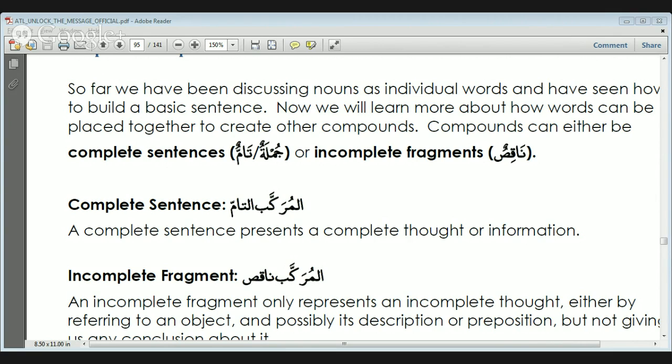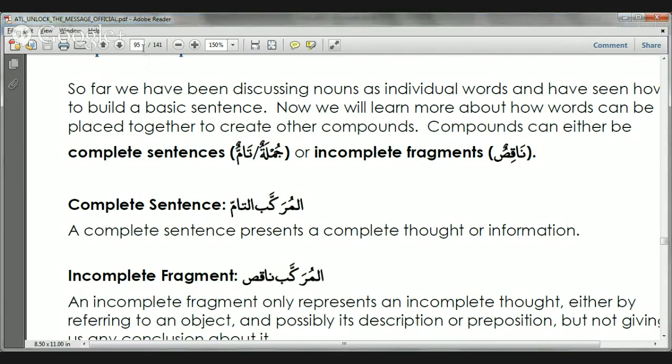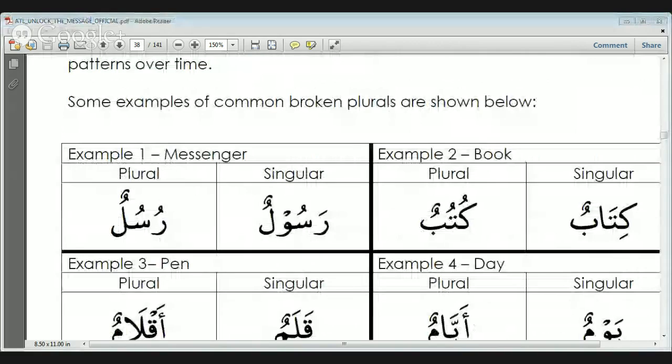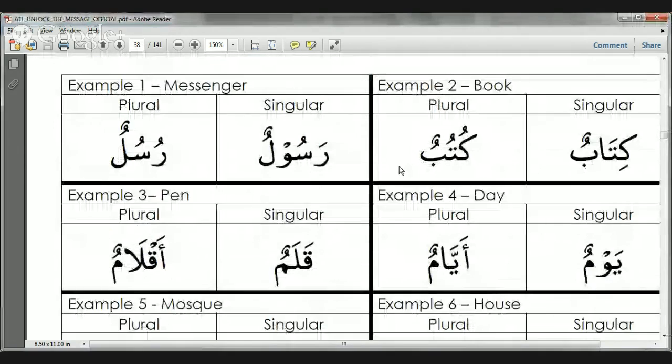Go to page 38 in your book. Example of broken plural. The singular is rasulun, and the broken plural is rusulun. Qalamun, aqlamun.